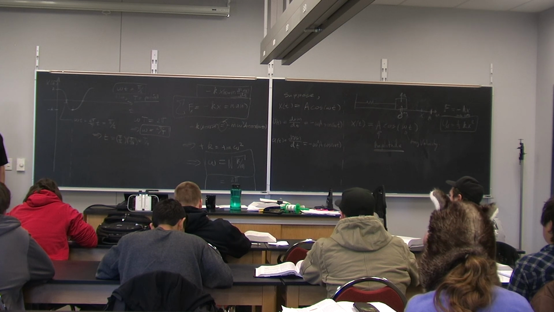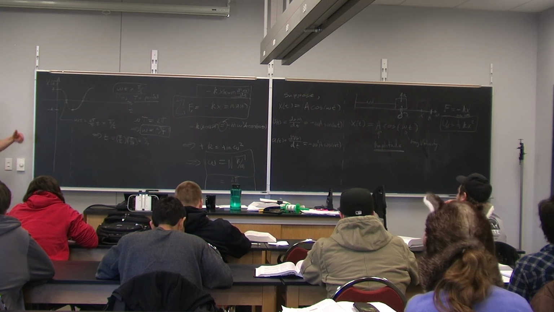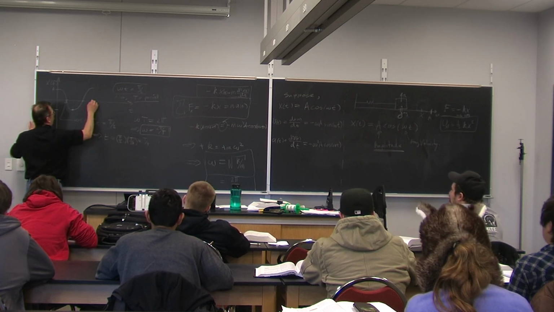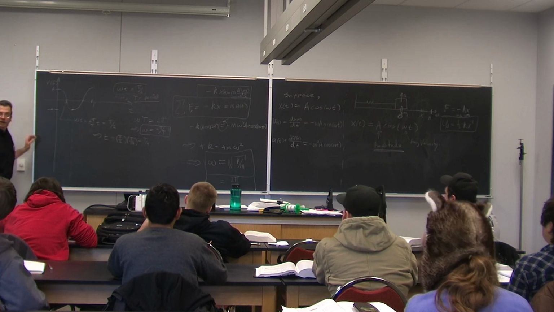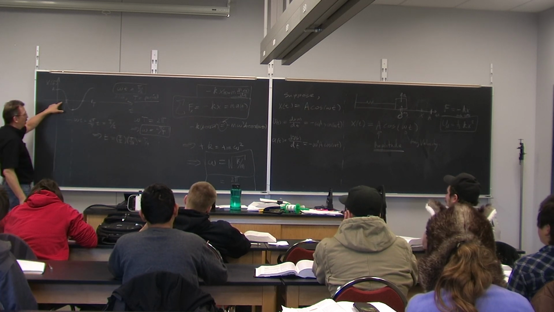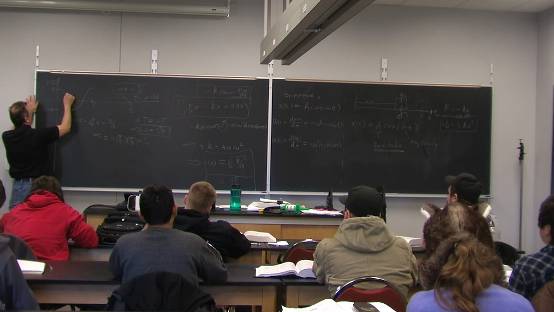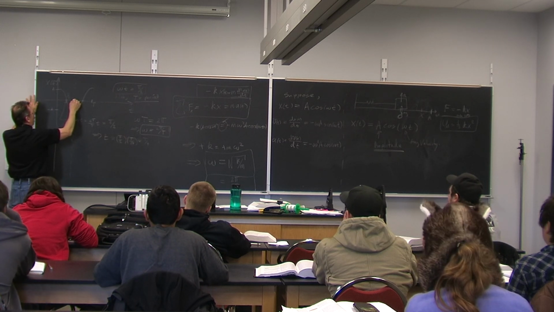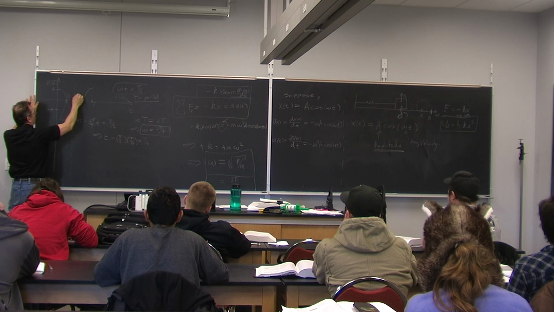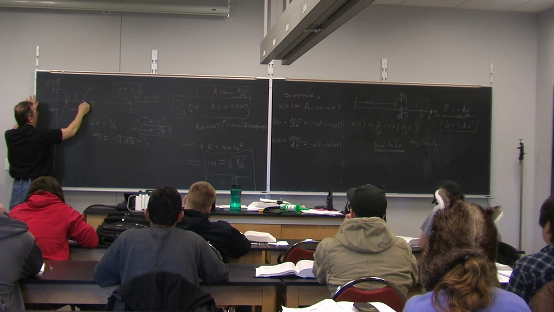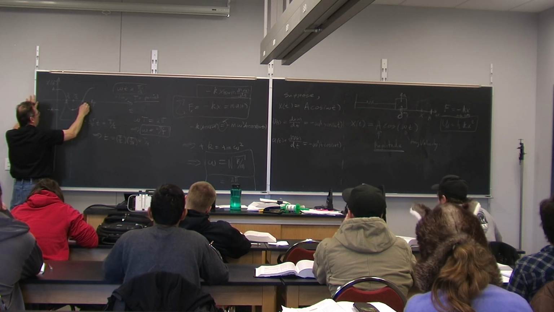1/4 of the period. Oh, probably would have guessed that anyway, because we said that this time right there would be T. So this has to be 1/4 T. And what's this time right here? T over 2. This 3T over 4.